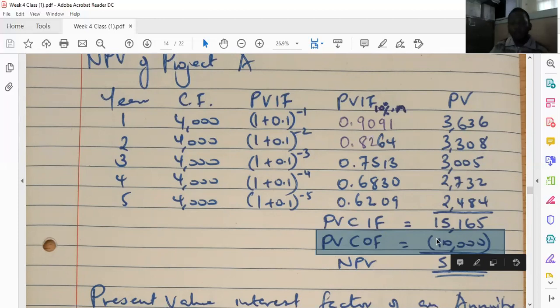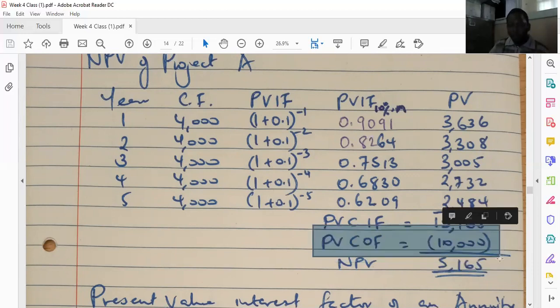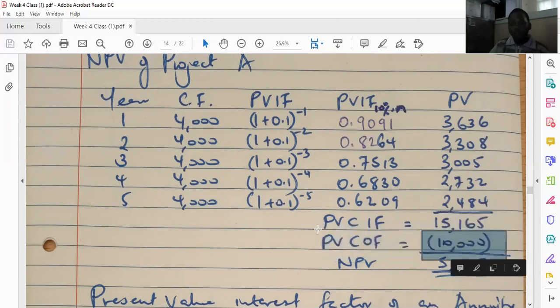Any number to the power of 0 is 1. So you multiply 10,000 times 1 plus 0.1 raised to the power of 0, which is 1. There is no point of discounting the present value of cash outflow because the discounting factor shall be 1. So our present value of cash outflow is 10,000 shillings.